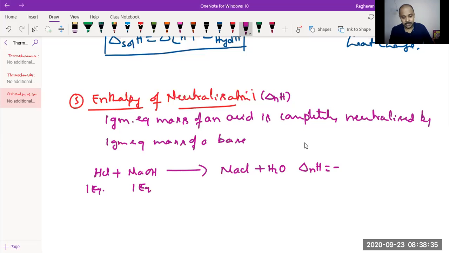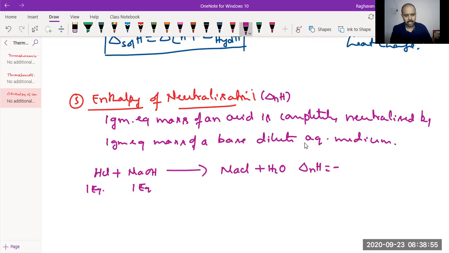In solid state they can't react, right? 57 kilojoules or something. Correct. So that reaction has to happen in dilute aqueous medium. Base in dilute aqueous medium is the definition of enthalpy of neutralization.